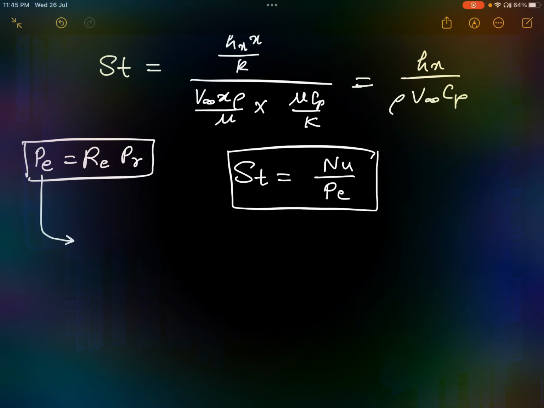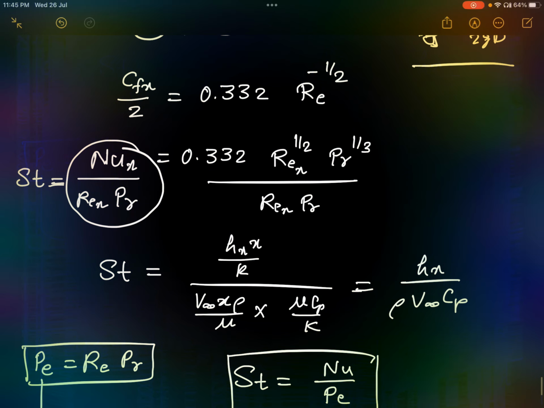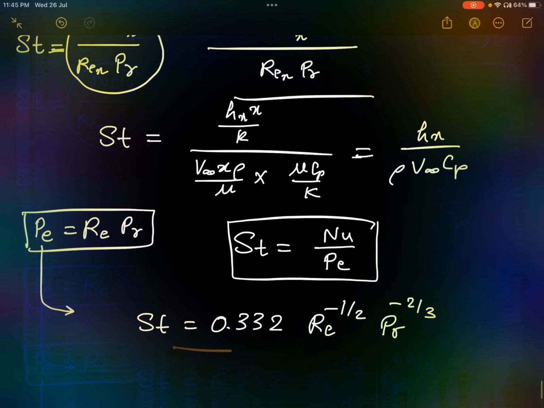So now we have got that Stanton number is equal to 0.332 Reynolds number power minus half and Prandtl number power minus 2 by 3, because we have divided here.